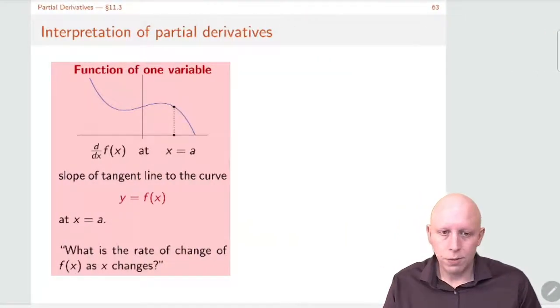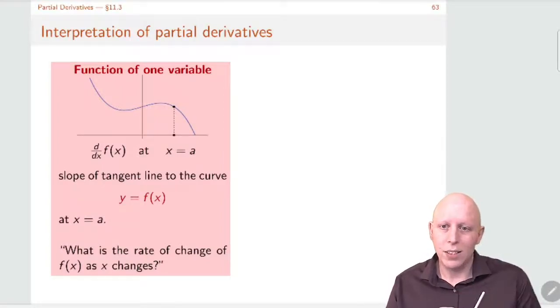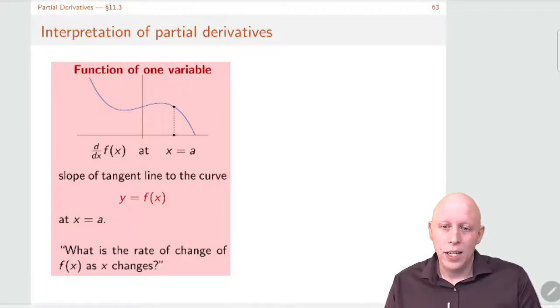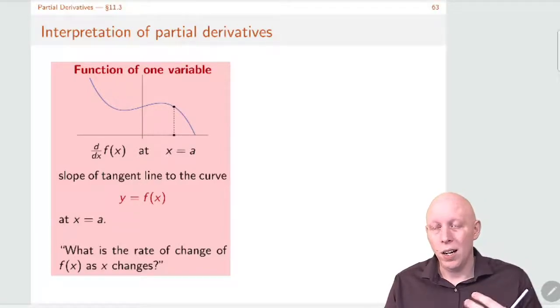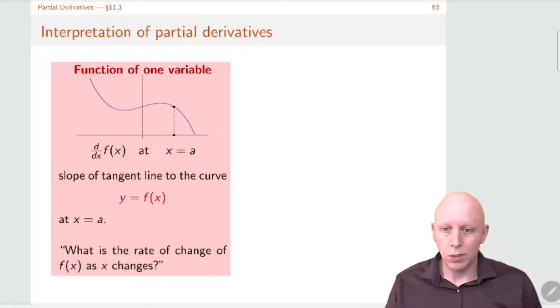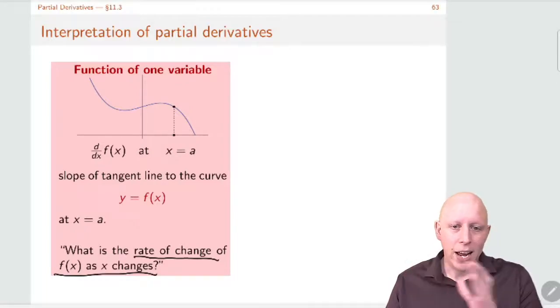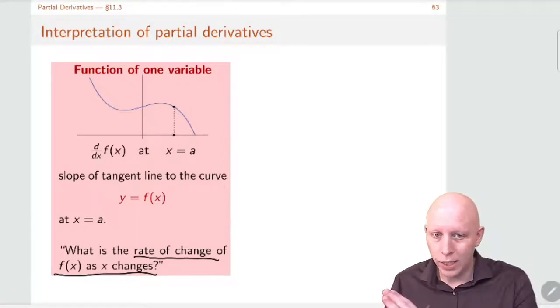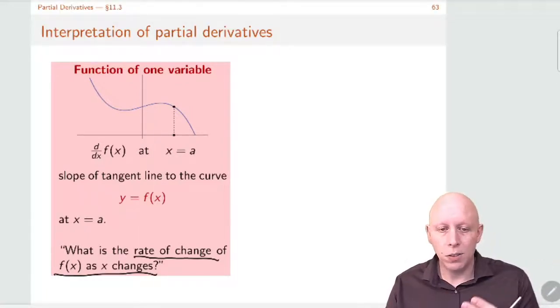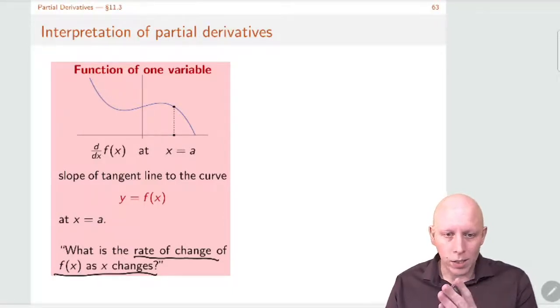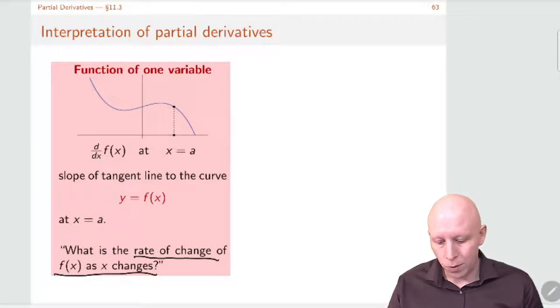An alternative way to think about that slope of the tangent line is maybe the more physical, the more applied idea behind a derivative, which is what is the rate of change of the function as x varies. So we change x, and we see how this function changes as we increase the x value.